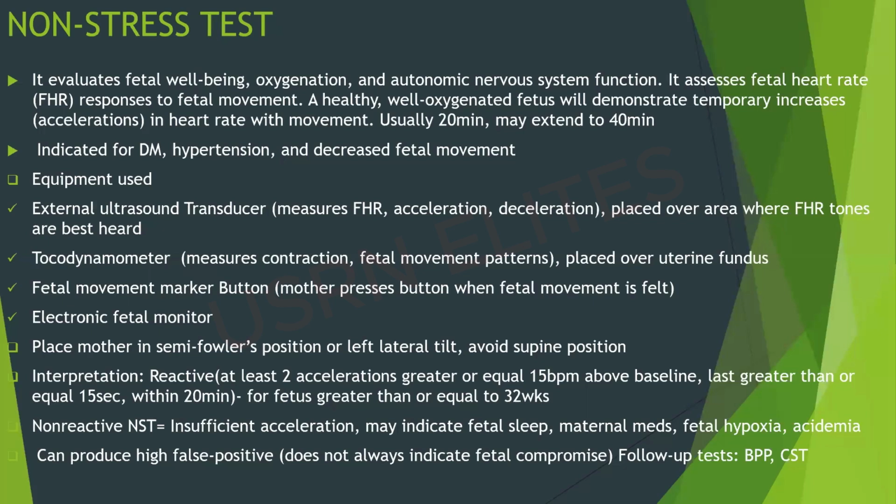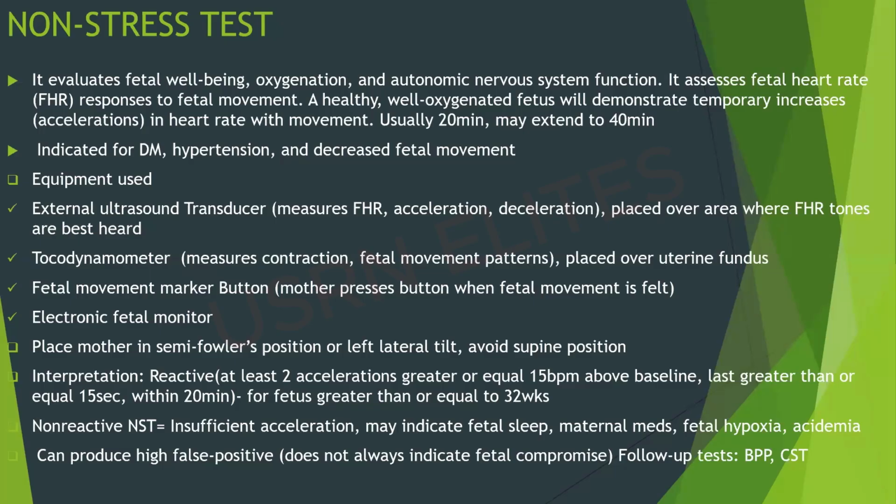As with the BPP, NST is indicated when there is something affecting the oxygen. We have hypertension, gestational diabetes, decreased fetal movement. They are all indications for NST. And what do we use? We use an ultrasound transducer.